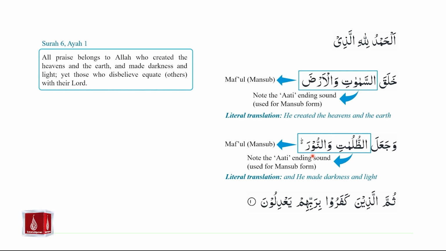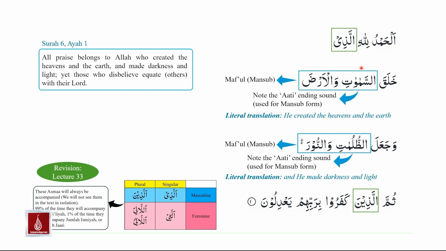Please also note the use of allazi and allazina in this ayah. We previously studied these as relative pronouns or ism mawsul. In the previous lectures, we studied that these asma, allazi, allazina, allati, will always be accompanied.